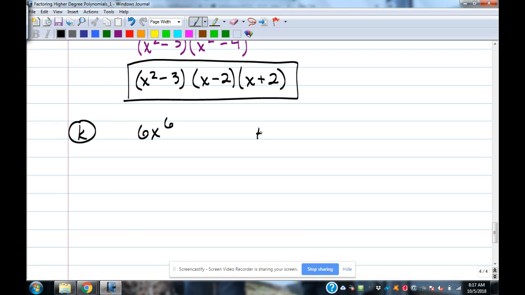Let's do plus, plus 6. It's an x cubed there in the middle.